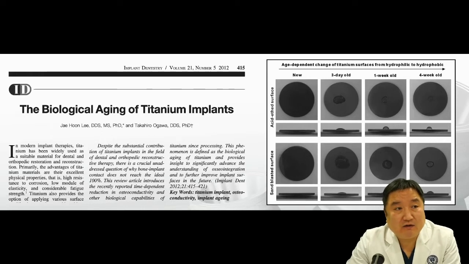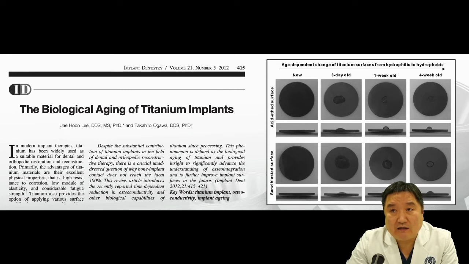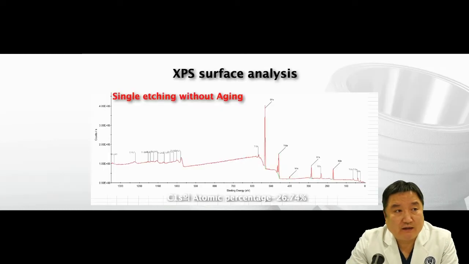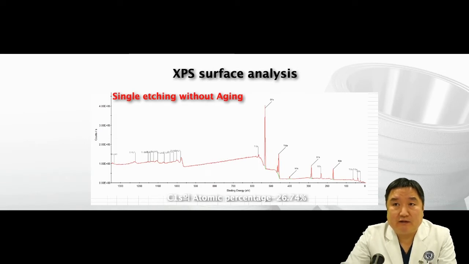If it is a very new surface, then the water angle is very low and the droplet looks flat. But as time goes by, it becomes more roundish, which is more hydrophobic. Okay, this is very simple evidence.